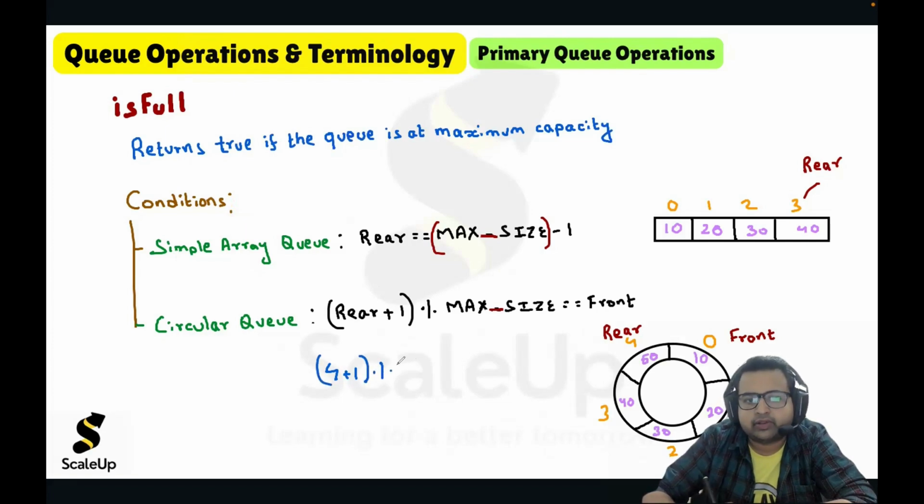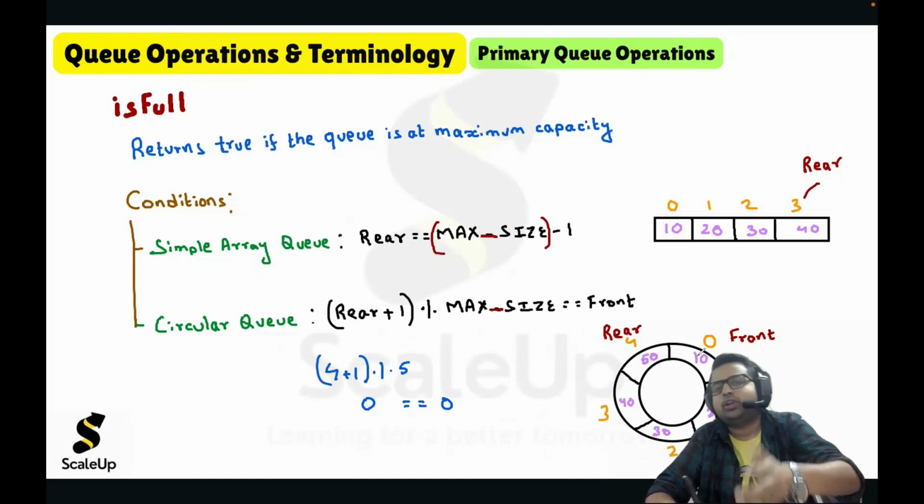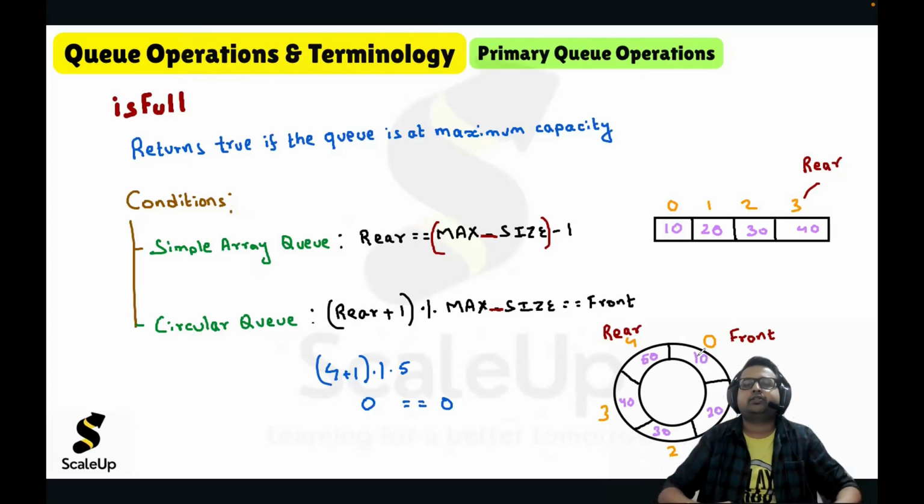Max size is 5, so 5 modulo 5, the remainder will be 0. And what is front? Front is 0. Since this condition is satisfied, LHS is equal to RHS. Here rear plus 1 modulus max size gives 0, and front is also 0. So mathematically, we can say that the circular queue is full. And looking at the circular queue, we can clearly understand that it is full.